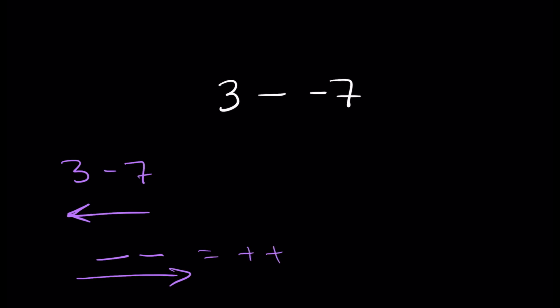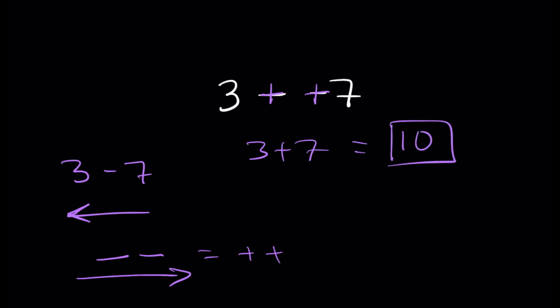So anytime you see minus a minus or subtracting a negative, your automatic reaction should be, oh, I'm just going to turn both of these into plus signs. And then this becomes 3 plus 7, which is just 10. So anytime you see minus a minus, just make both of those minus signs into addition signs and move on with the problem.